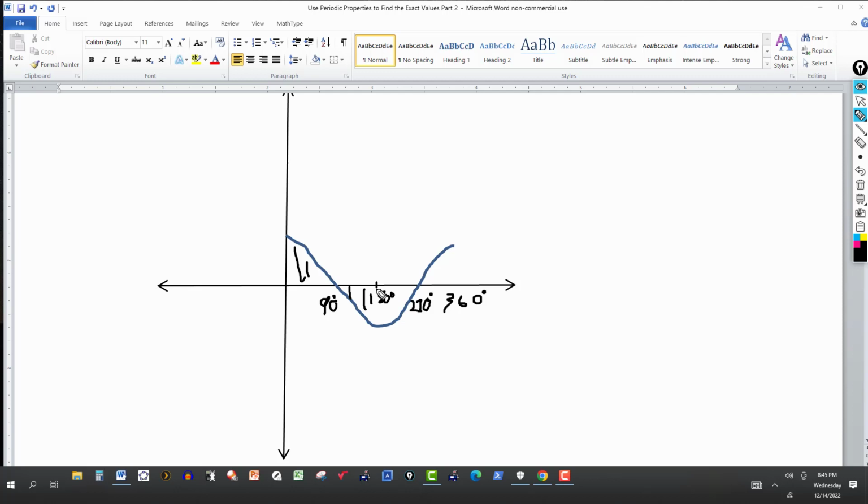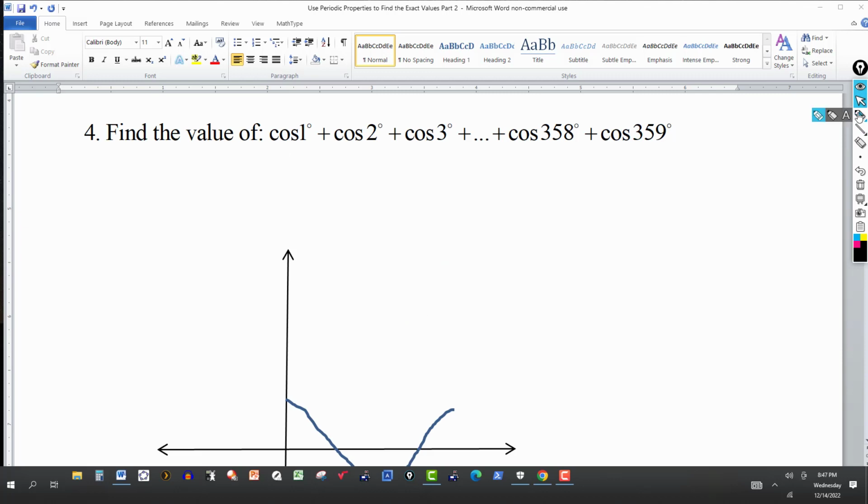Then from 180 to 270, those are negative, and from 270 to 360, those are positive. So those are going to cancel out. The only value left over is at 180. The cosine of 180 is -1. So at 180, the y value is -1. All the other ones cancel out.